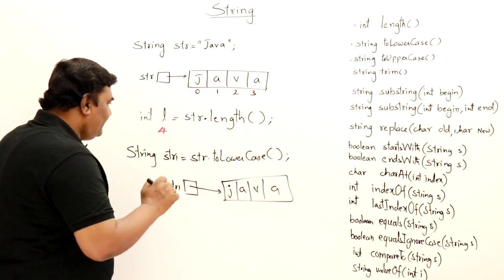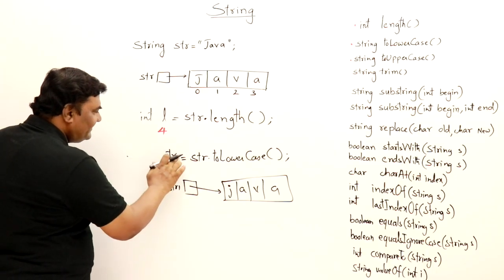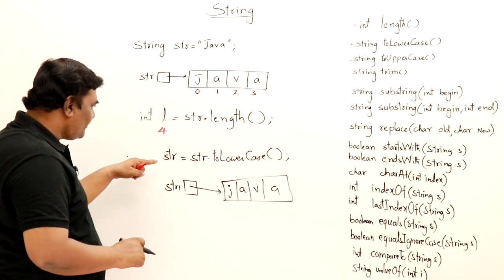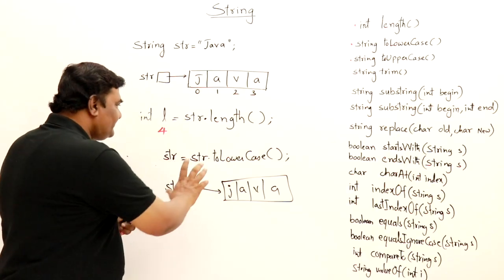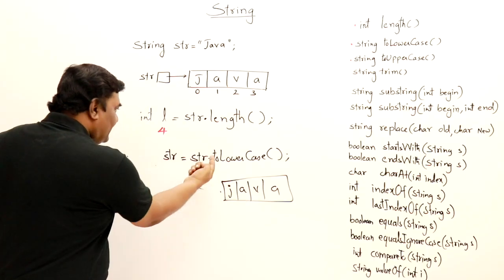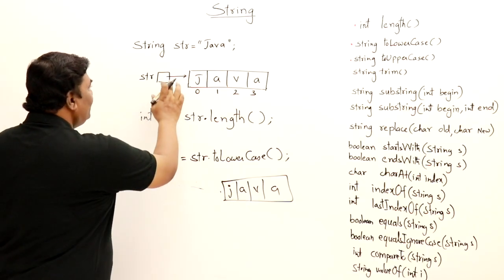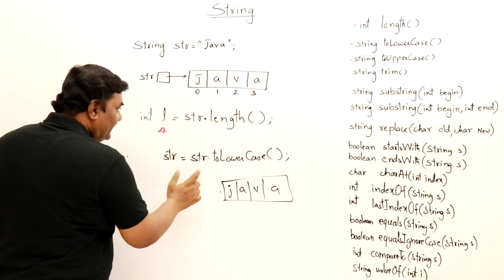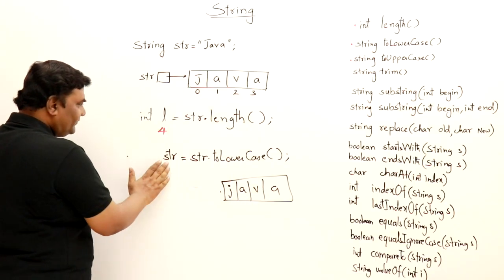Now one more thing. If you say no, I don't want to take it in any other reference, I want to mention str only. Just read it properly: str assigned with str dot toLowerCase. This will create a new object, and I want to assign it to str only. Right now str is pointing on this object, but if you do it like this, the new object will be given to str.